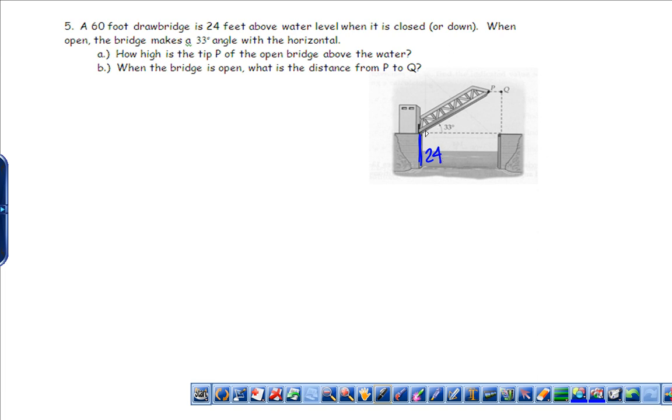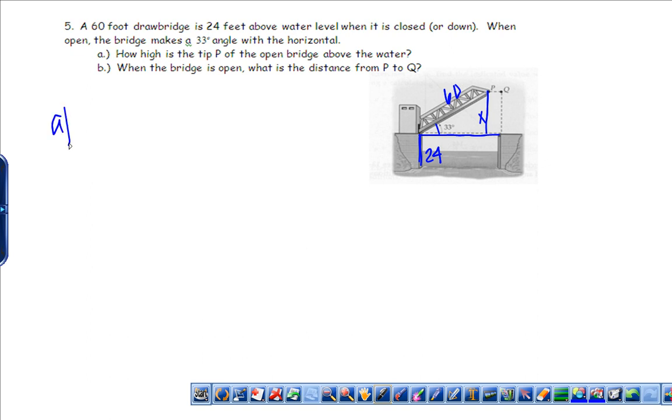Okay, how high is tip P when the bridge is open? So we want to find that right there. That's X. And this is a 60-foot bridge. So it looks like I have some information to work with.